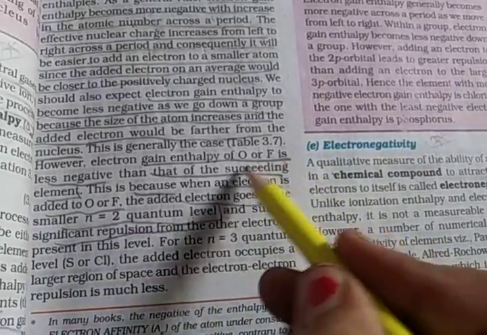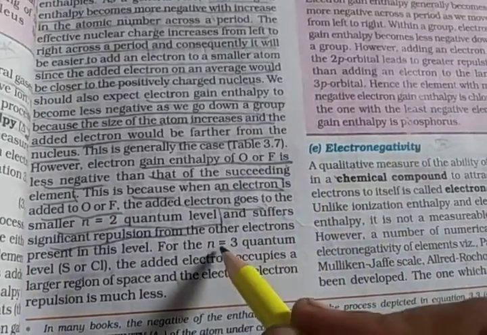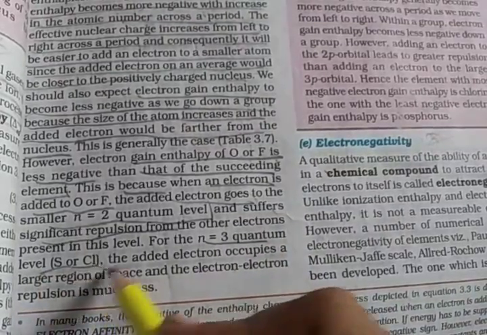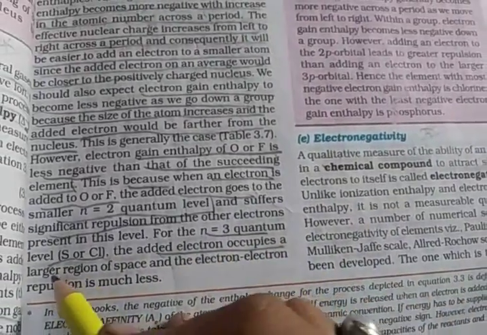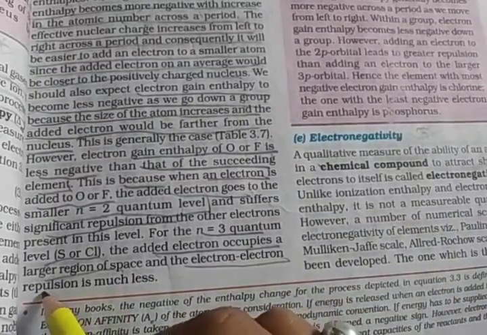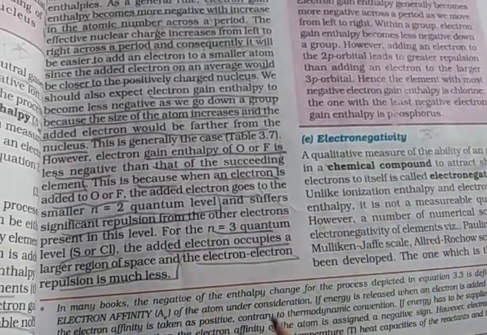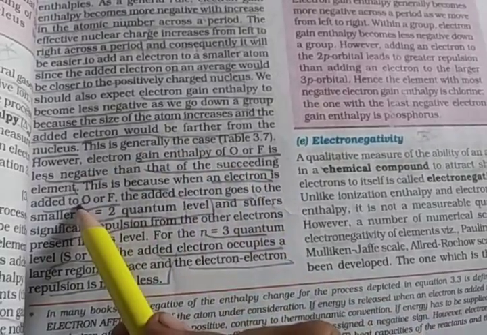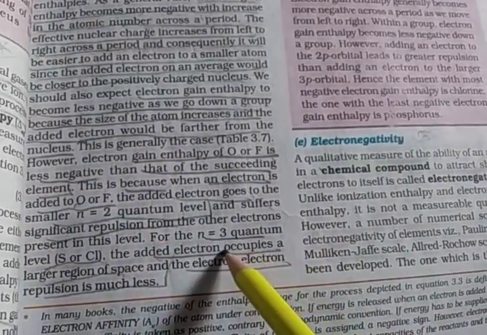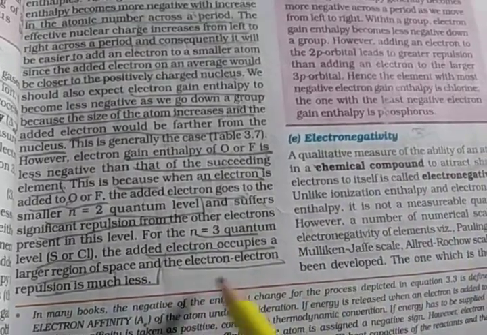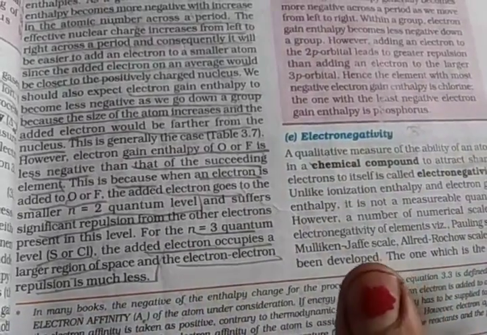In sulfur or chlorine, at n equals 3, the added electron occupies a larger region of space and electron repulsion is much less. So oxygen and fluorine have less negative values.